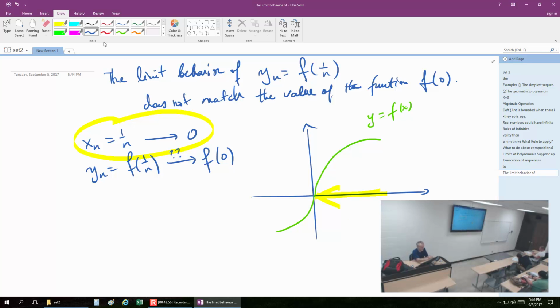So we are on the x-axis, x_n's going towards 0. Each x_n, 1 over n, has a matching y_n. So for each x, I will find the value on the y-axis, and therefore there are two sequences automatically. These are the sequences I'm referring to.